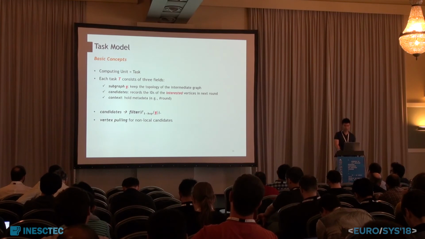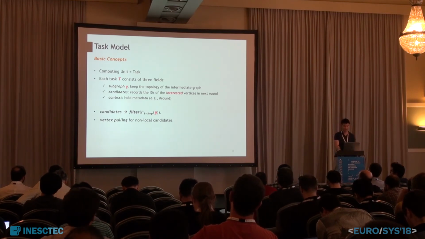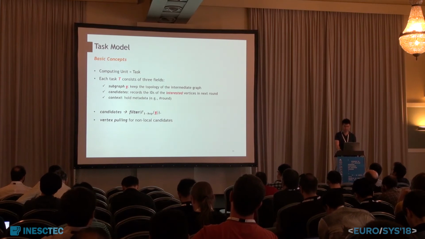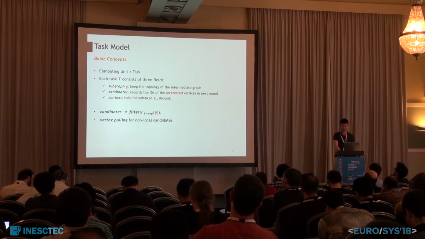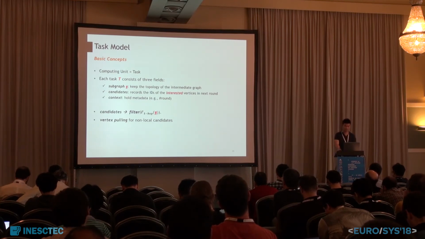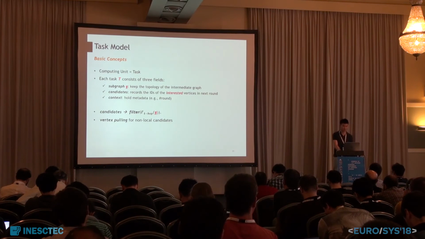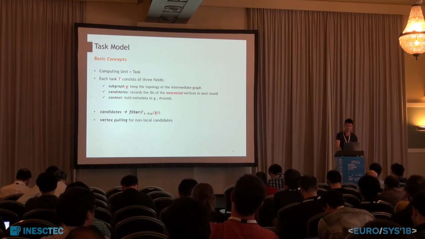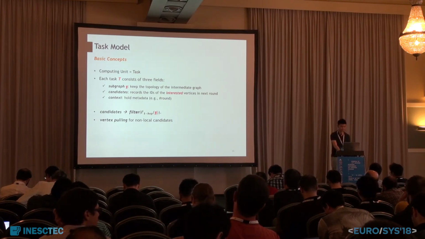So our model uses each task as a basic computing unit, and each task has the following 3 fields: subgraph G, which is used to keep the topology of the intermediate results; candidates, to show which vertices the task will be interested in and will access locally in the next round; and the context, which is used to record the metadata.